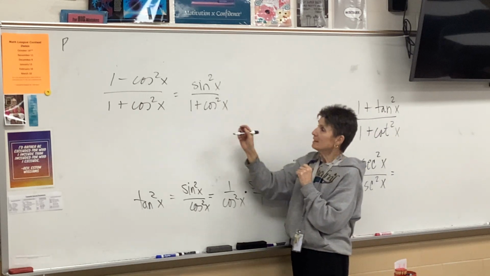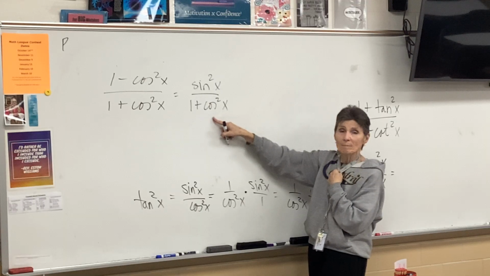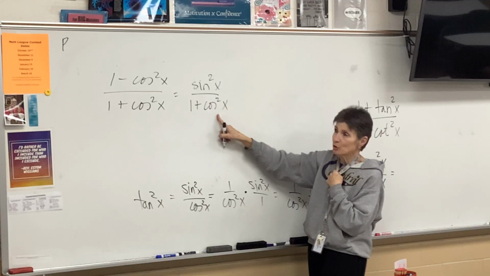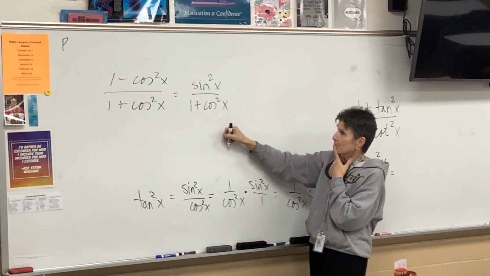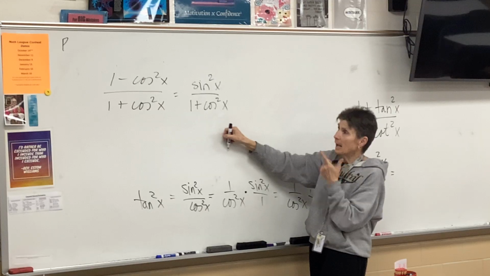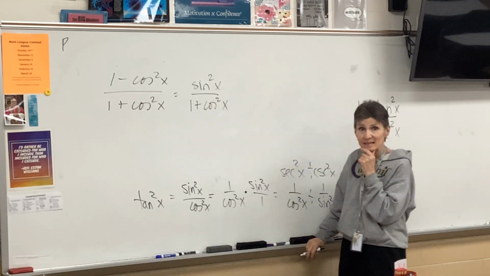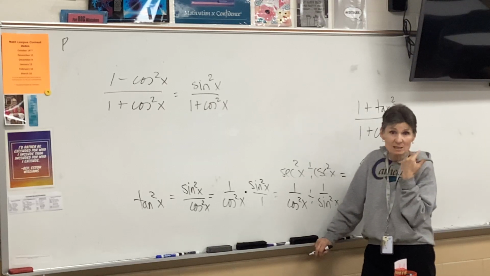Keep in mind that while you could change cosine squared into 1 minus sine squared, you're still not going to be able to cancel anything because you're still going to have a plus sign in your problem. You can't do anything with that bottom. That bottom isn't anything. So we're finished. That's it for that one. That was an easy one.